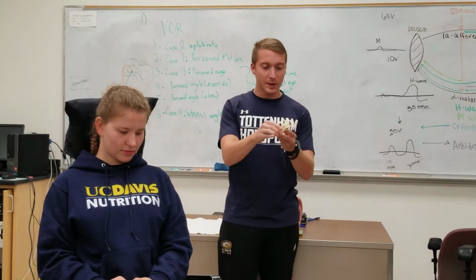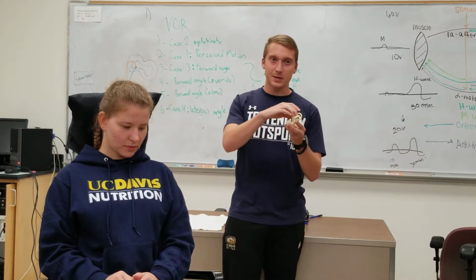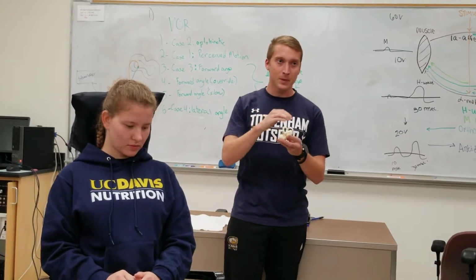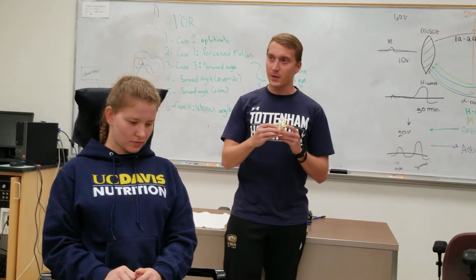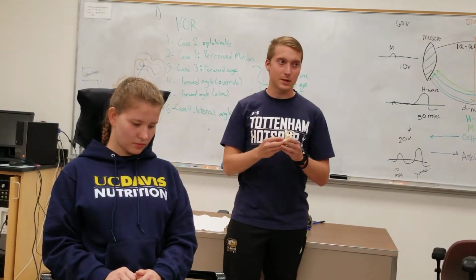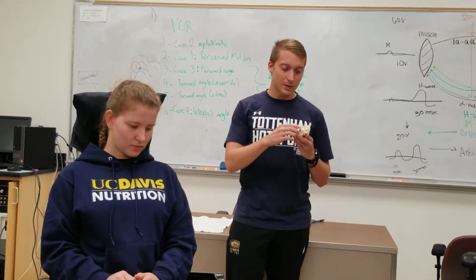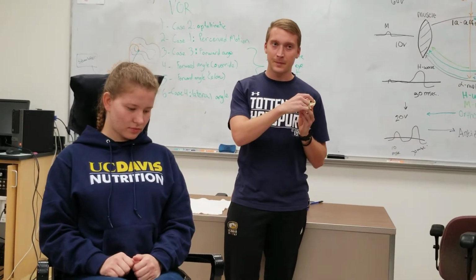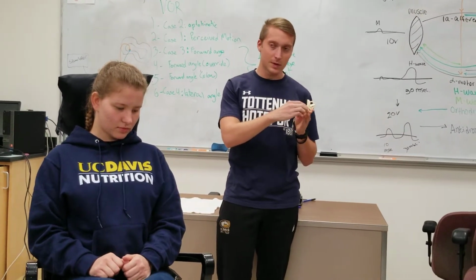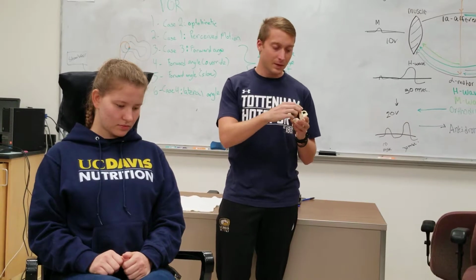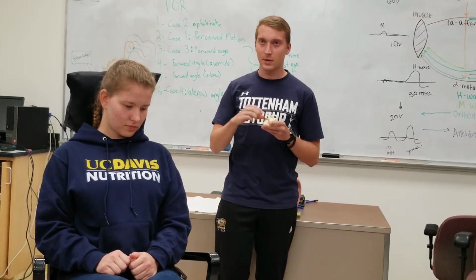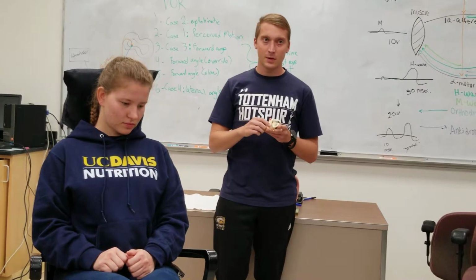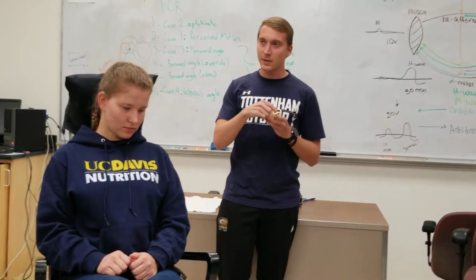So when the head's rotating, these hair cells are being pushed against the fluid, so they're getting bent. But then during the middle of the spin, at a constant velocity, the fluid has caught up with the rotation of the head, and so it's moving at the same speed at which the head is rotating. So the hair cell is not getting bent there.